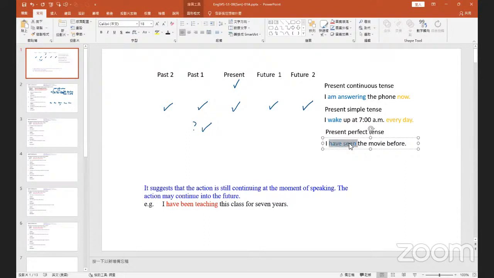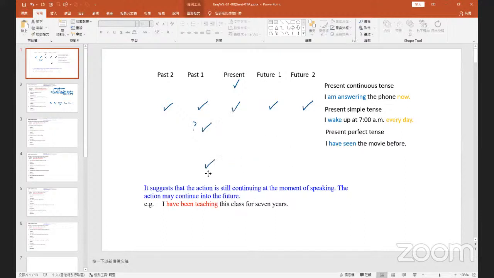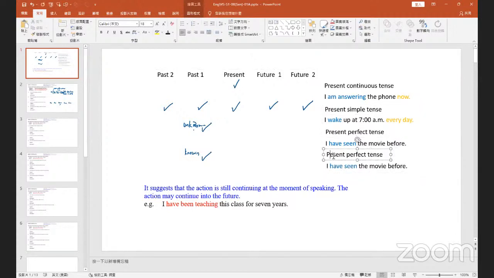I have seen. You can also use past simple tense for something that happened in the past, if the time is known. This is unknown. For example, you can say, I saw the movie 2 years ago.